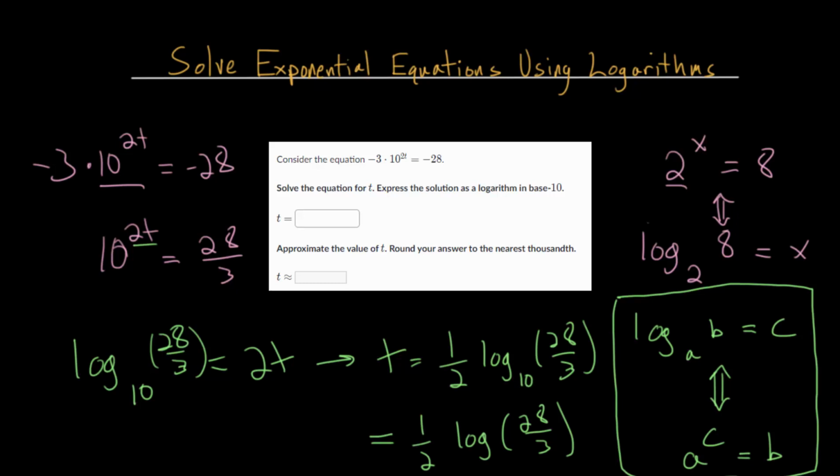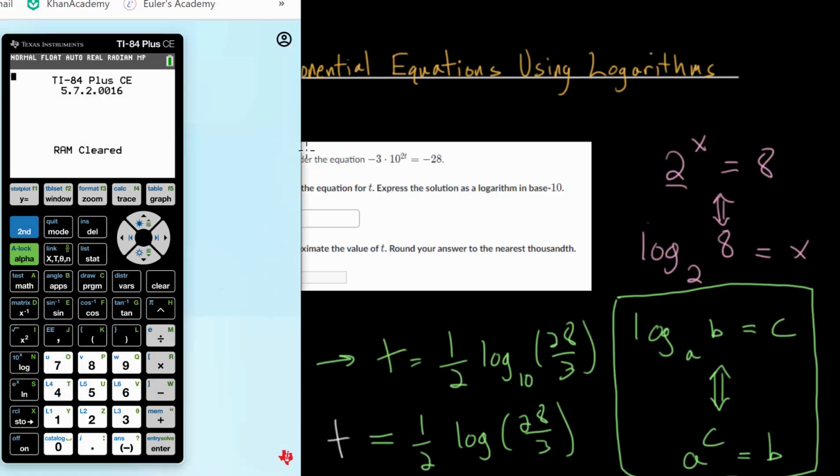So at this point, now that we've solved this for our variable t, we can just put everything into the calculator. So let's get out a graphing calculator here. And we want to put in 1/2 or 0.5 multiplied by log. Here's our common log button. So we hit log of 28 divided by 3. And we should get some kind of decimal.